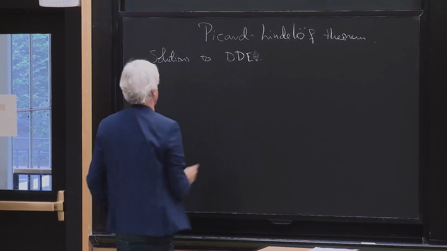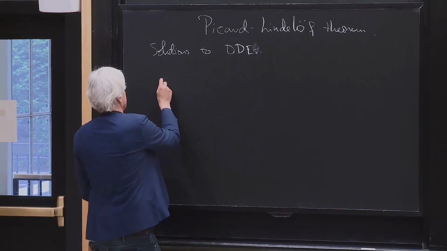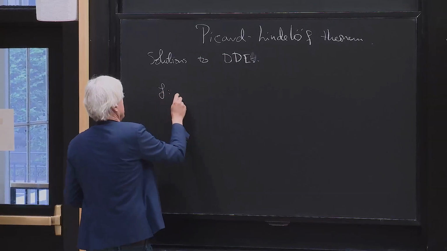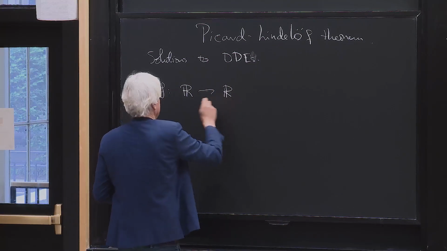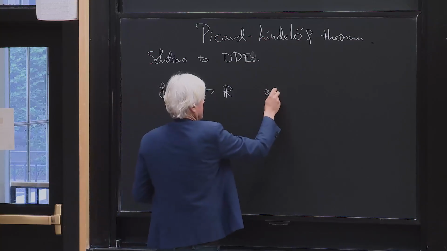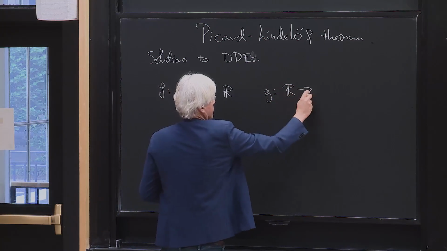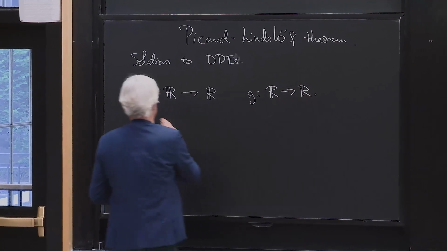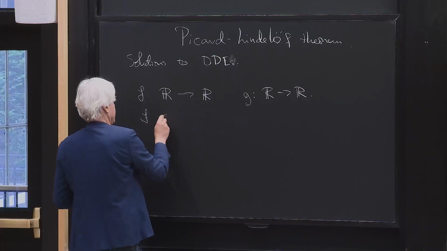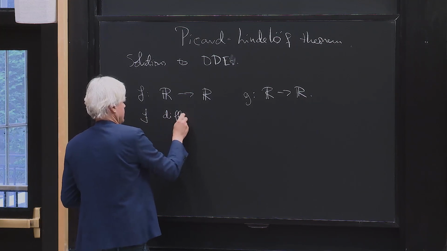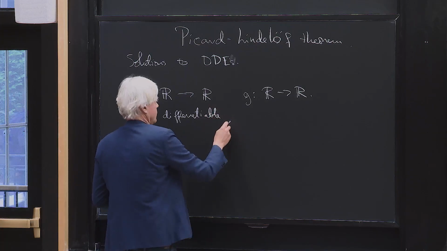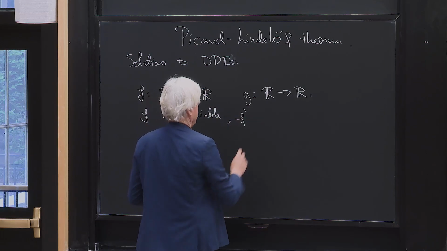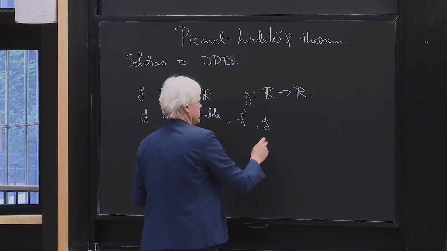Specifically, you have a function f and a function g, and f here is differentiable, and the derivative of f as well as g are continuous.